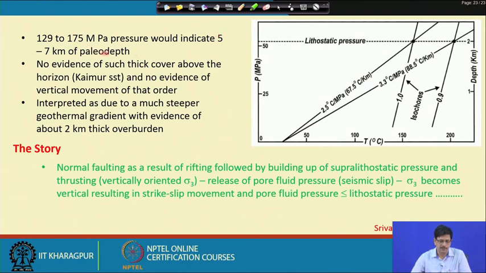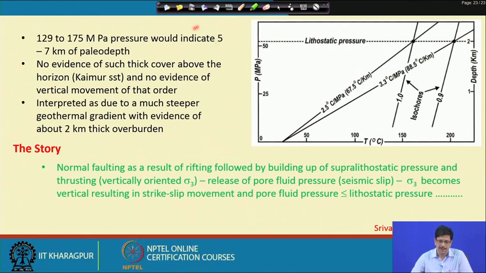Of course, then one would like to look for whether there is evidence of the existence of such thick overburden in this particular situation or not. It depends. If the available evidence supports it, then this could possibly be taken as the value of the paleo depth and the pore fluid pressure, and the interpretation could be made in that way.